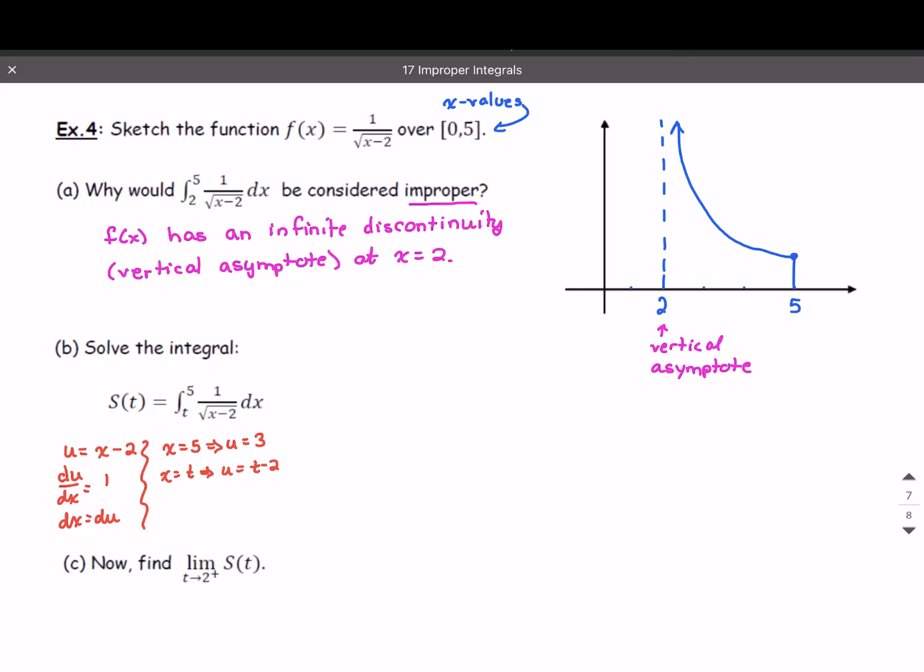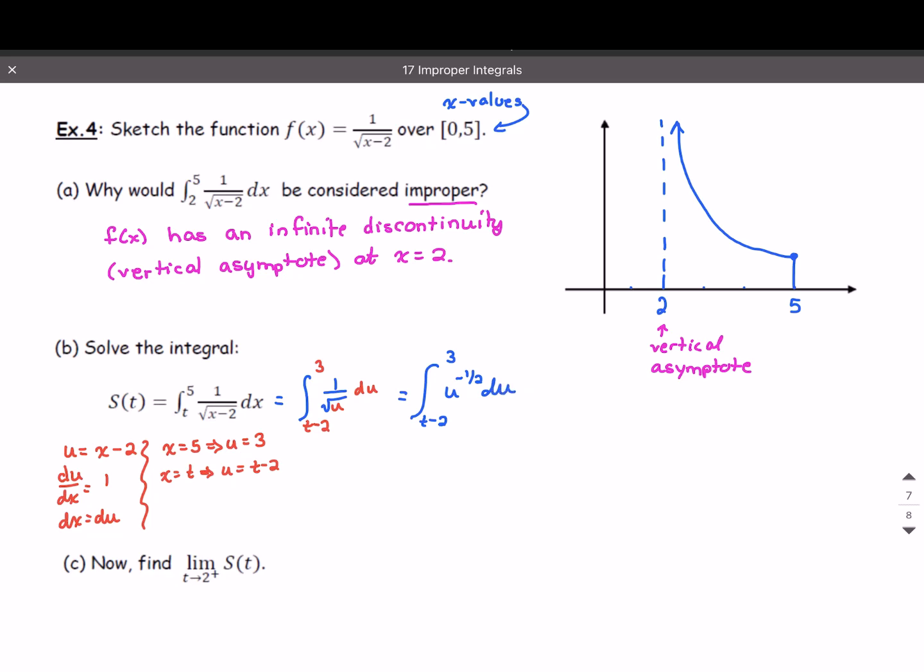Now let's make the substitution. We would have the integral from t minus 2 to 3 of 1 over the square root of u, and our dx becomes du. That means we have the integral from t minus 2 to 3 of u to the negative 1/2 du.